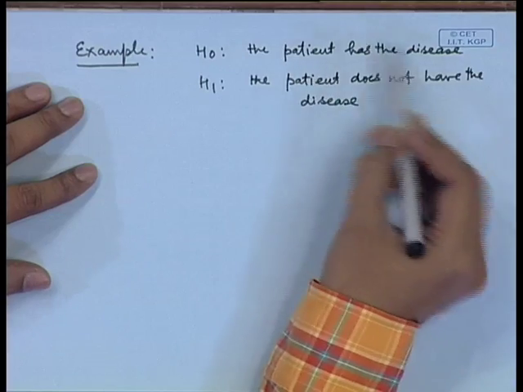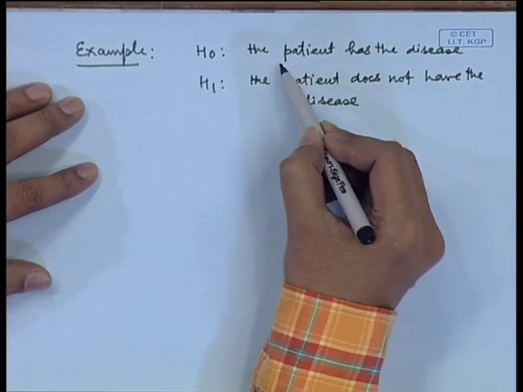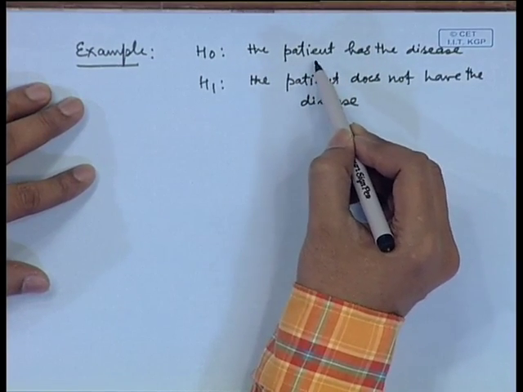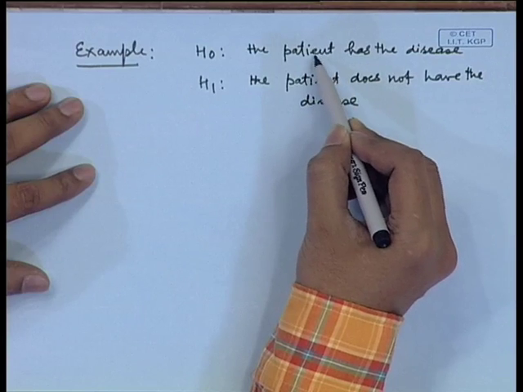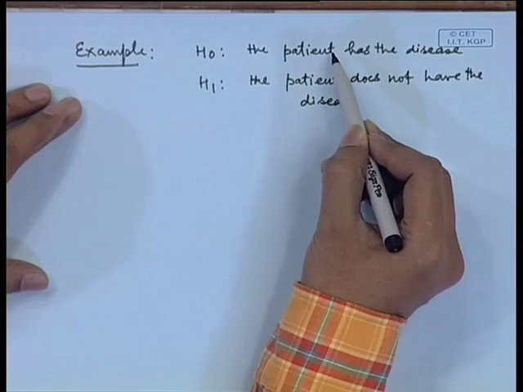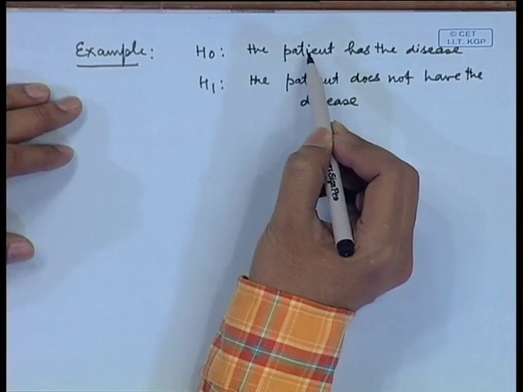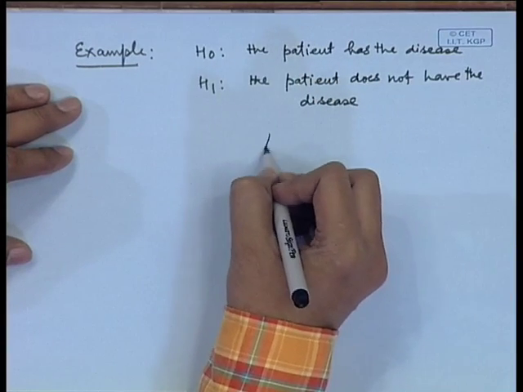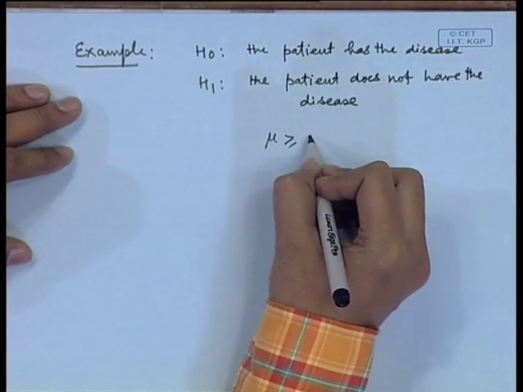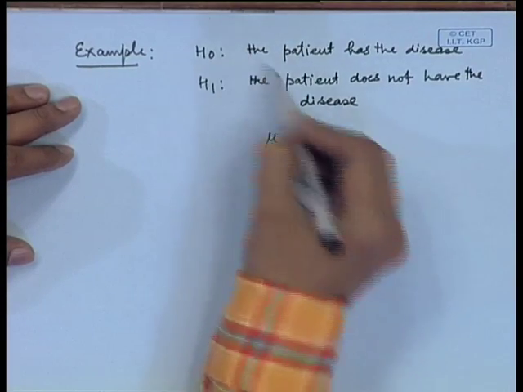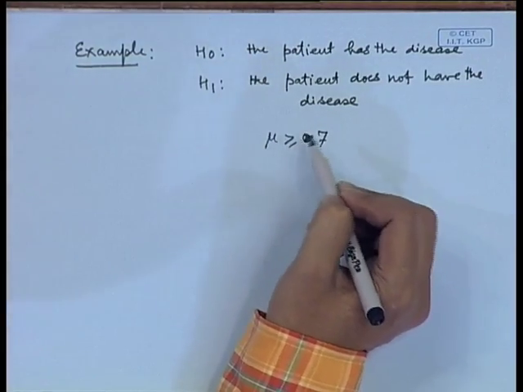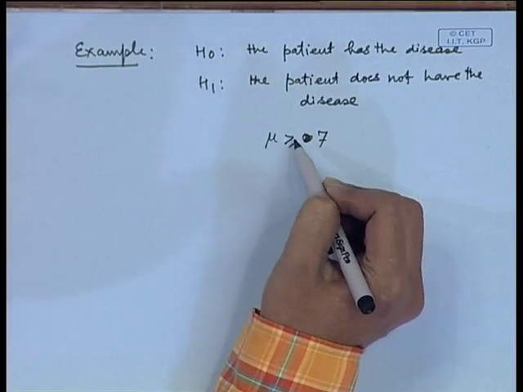I have written the hypotheses in verbal terms, but a statistical hypothesis will be related to a certain parameter. For example, it may be related to the mean of the measurement. So, you may say that if mu is greater than or equal to say 7, then this may be the count of some, say, leukocytes or whatever, or maybe ESR rate.